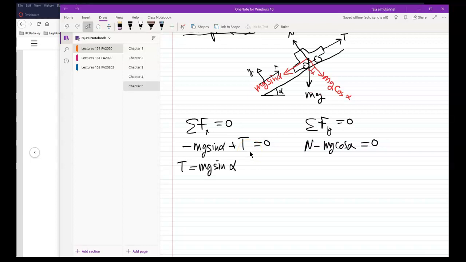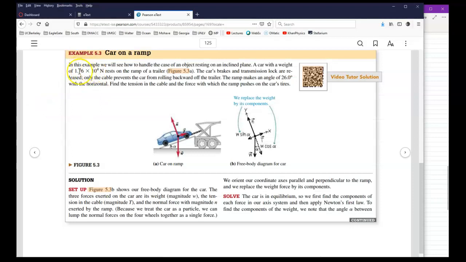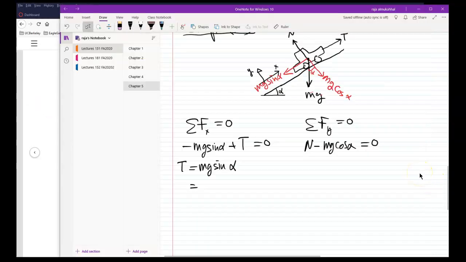The mg is the weight of the car. He gives me the whole mg. He said it's equal to 1.76 times 10 to the 4th. So I can just plug it in. That's going to be 1.76 times 10 to the 4th times sine, what's the angle? 26 degrees.